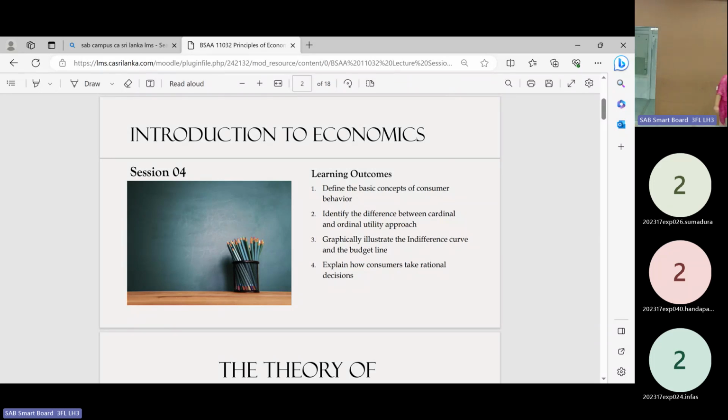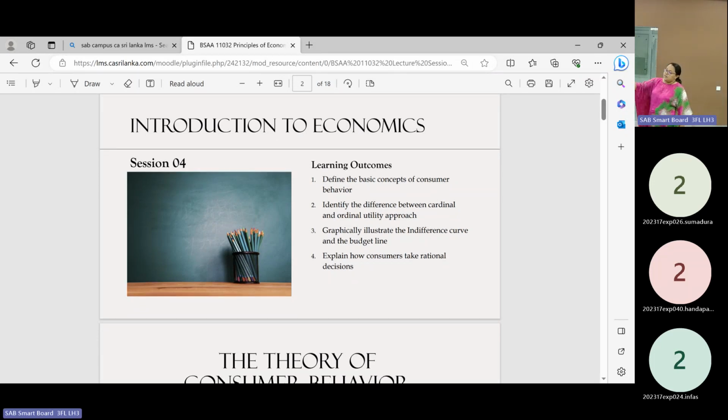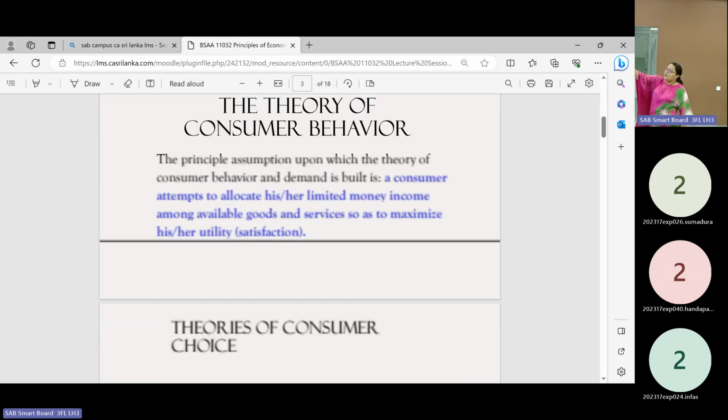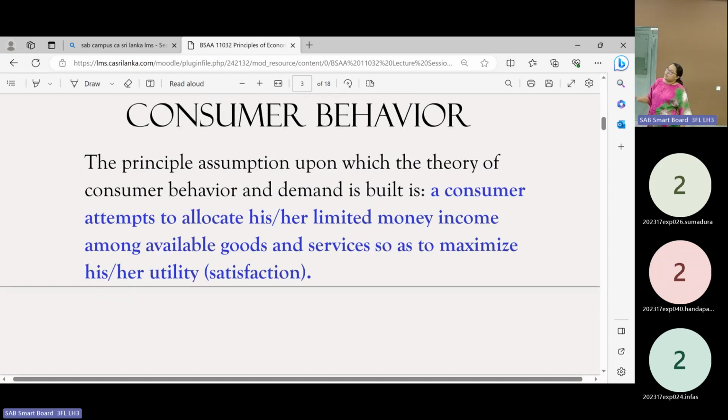Under the theory of consumer behavior, the first principle, as I told you all, is that we assume the consumer will behave in a manner where the satisfaction is maximum. Given, always in economics, we have a constraint. We have a money constraint.